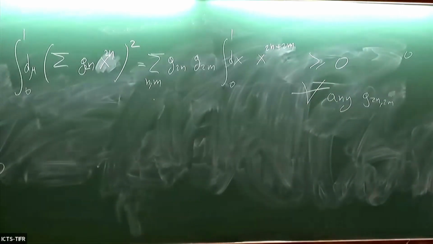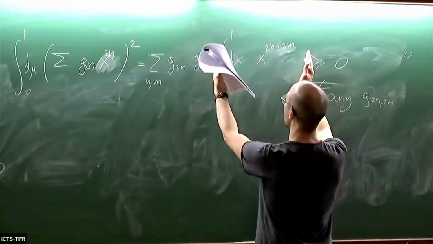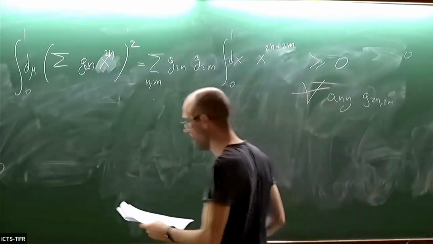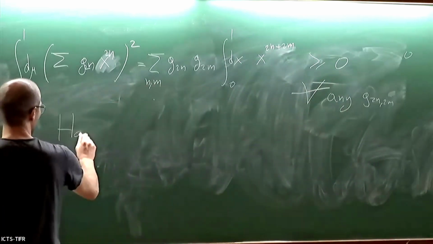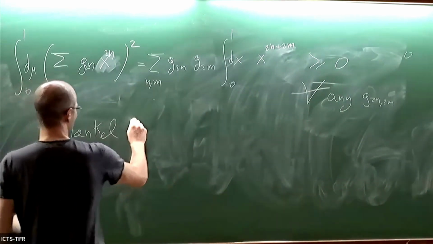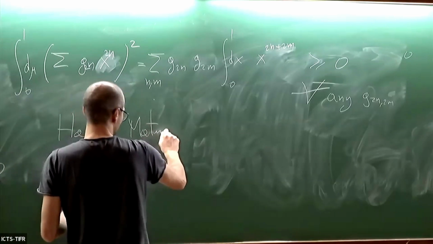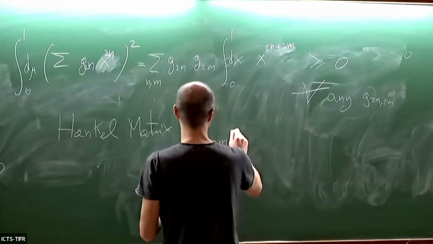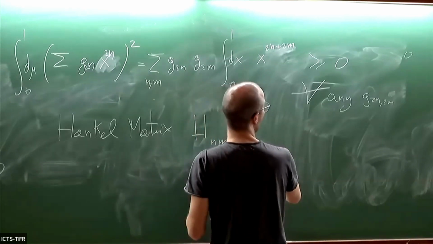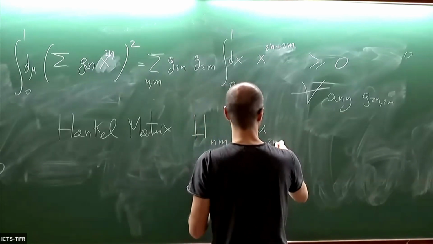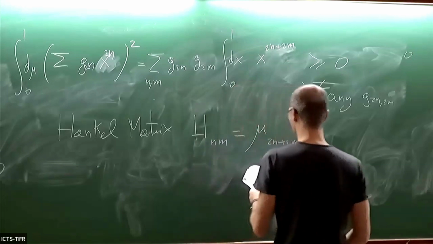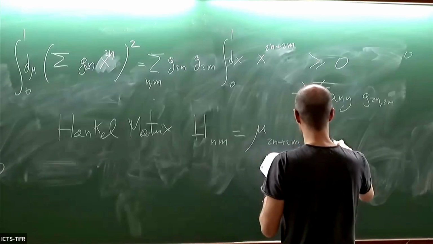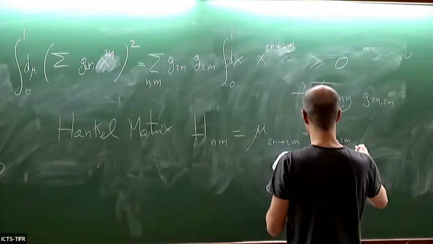This is telling us that this, seen as matrix elements, is a positive definite matrix. So it's telling us the Hankel matrix H_nm of elements, the moment mu_{2n+2m}, which is equal to C_{2n+2m}.